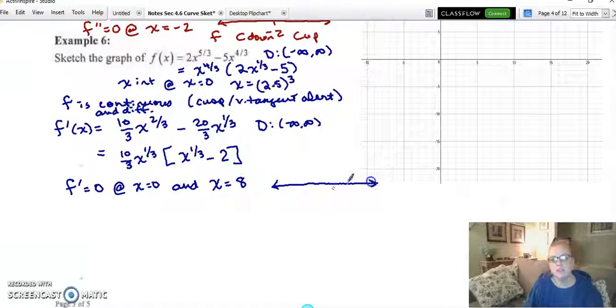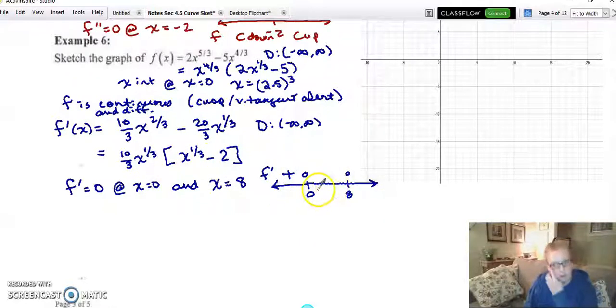We can take a look at our sign chart and put on our 0 and our 8, at both of which f prime is 0. Let's check our signs. This is going to be negative in this section. Picking -8, it's going to be a negative and a negative, so that would be positive.